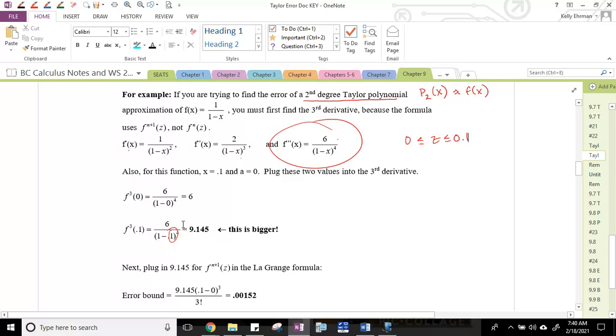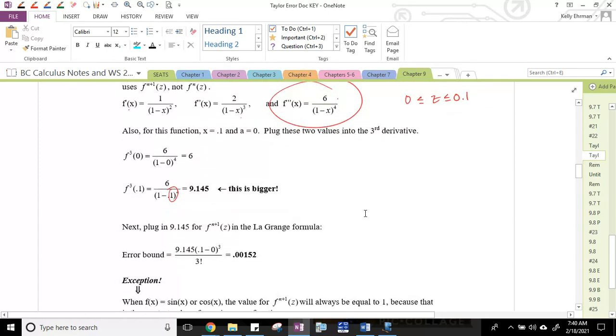Now you don't actually have to find the values, but you're just saying 6 divided by 1 compared to 6 divided by something smaller than 1 raised to a 4th power will be 6 divided by something smaller. So overall, that's a bigger number. If you have a calculator, of course, you might want to calculate it just to double check. So this is bigger. So this is our maximum derivative value.